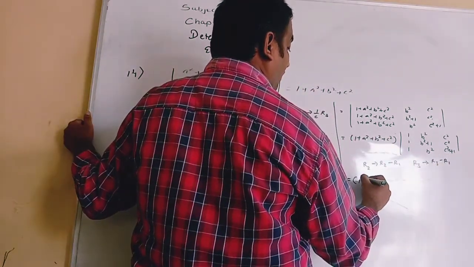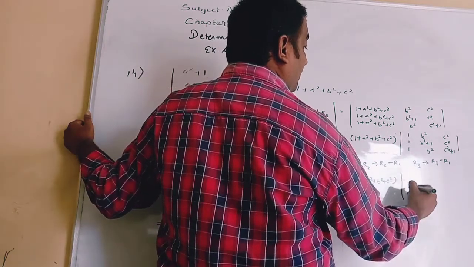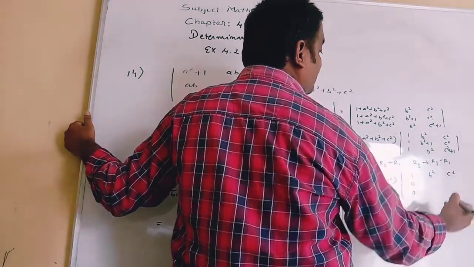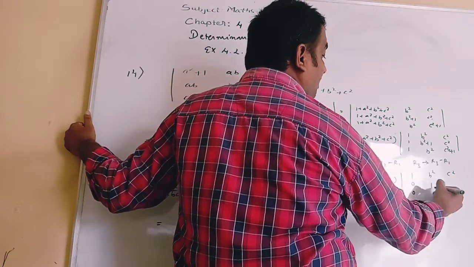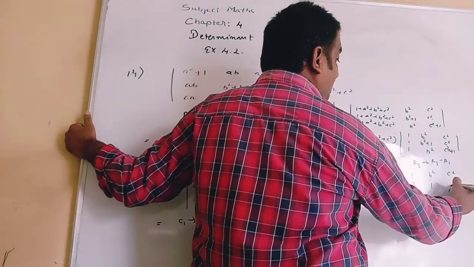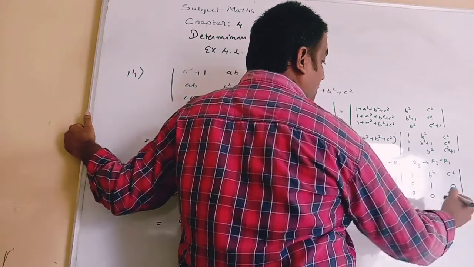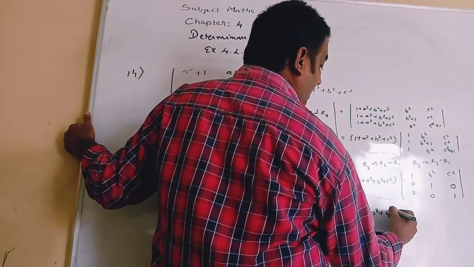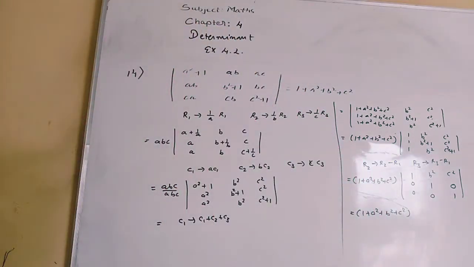Then we get 1 + a² + b² + c² times 1, 0, 0, b², c² as it is. We have not changed the first row. Now b² + 1 − b² will be 1, this will be 0, here 0 and this will be 1. So we expand with the 1, then it will be 1 only. And so the answer is 1 + a² + b² + c².